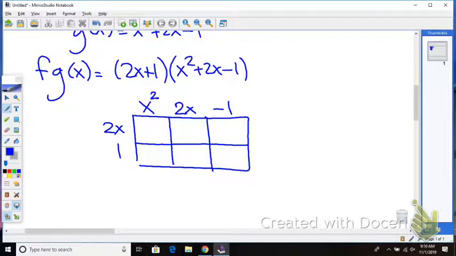So 2x times x squared is 2x cubed. 2x times 2x is 4x squared. 2x times negative 1 is negative 2x. X squared times 1 is x squared. 1 times 2x is 2x. 1 times negative 1 is negative 1. And then I can just combine like terms and write my answer.